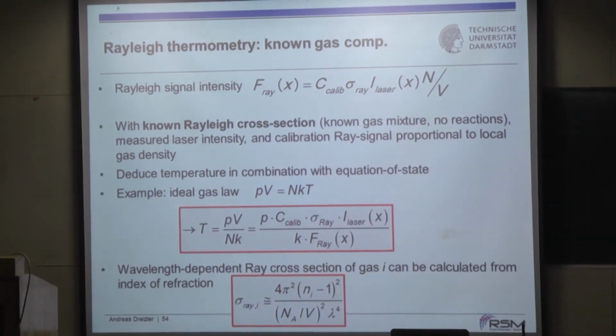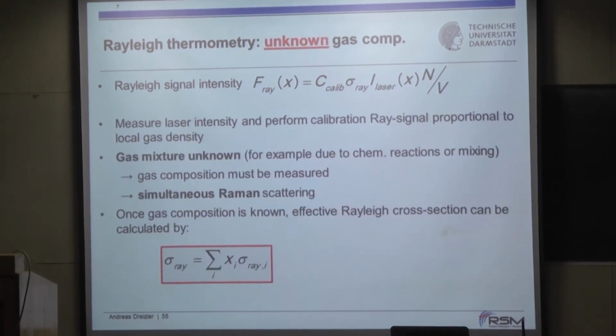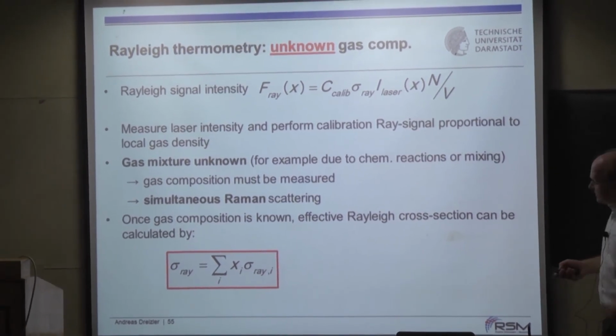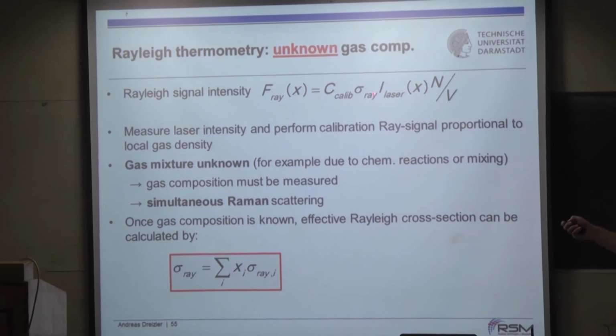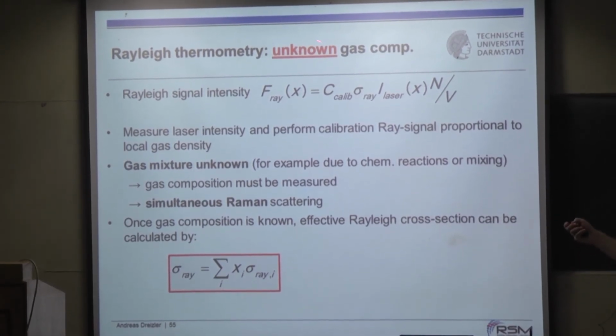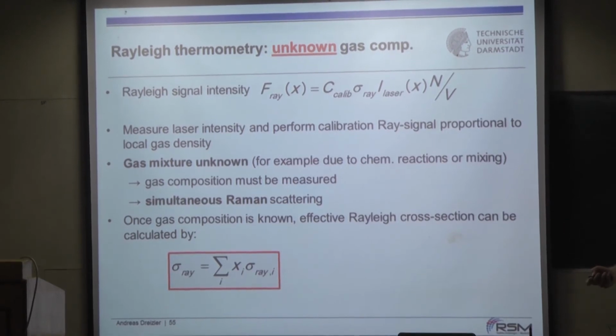And if you don't have the chemical composition, you have an unknown sigma ray, an unknown cross-section. So if you want still to use Rayleigh scattering to measure the temperature with an unknown gas composition, you can't do it.